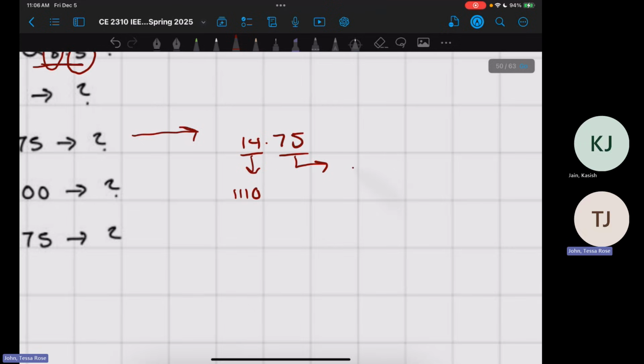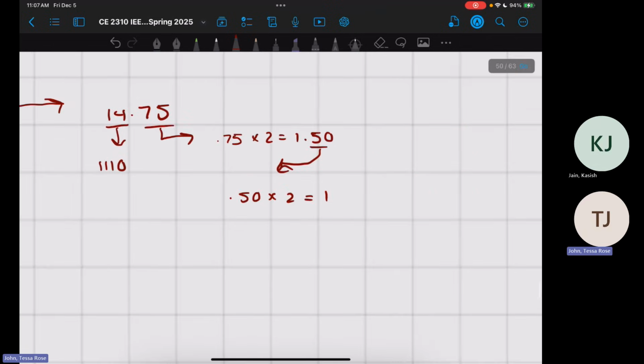You do the multiplication method: 0.75 times 2 is 1.50. Move the 0.50, so 0.50 times 2 is equal to 1. That's when you know to stop. So your final answer for everything after the decimal is 0.11. Putting them both together, that is 1110.11, which is 14.75 in binary.